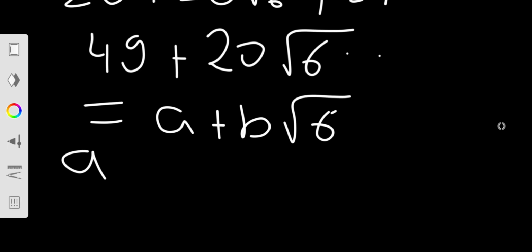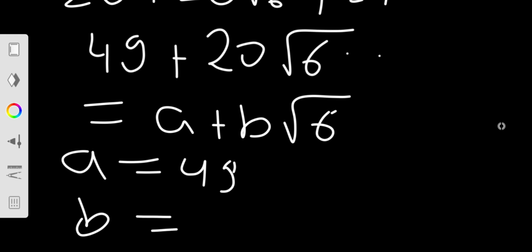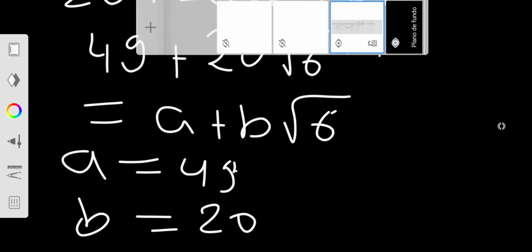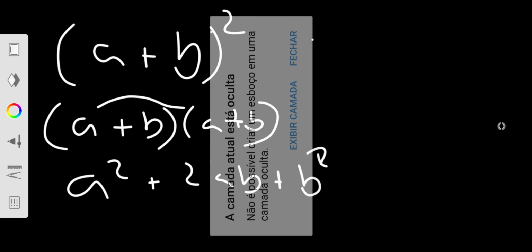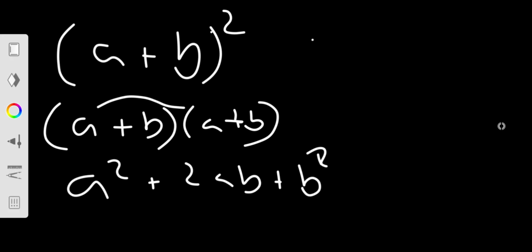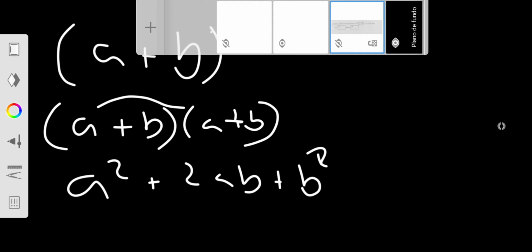So a is equal to the part without the square root of 6, which is 49, and b is the number that is multiplying the square root of 6, right? So it is 20. So the value of a is 49 and the value of b is 20. Okay, so just remembering, you need to remember this simple rule over here.